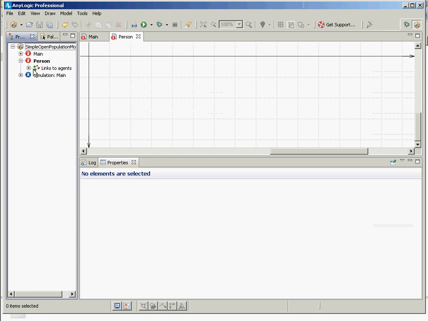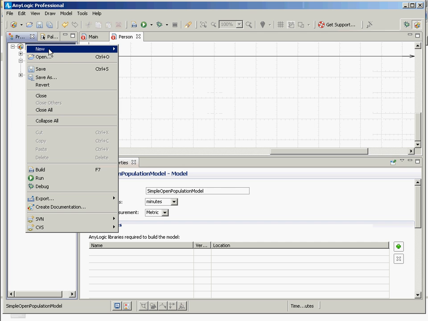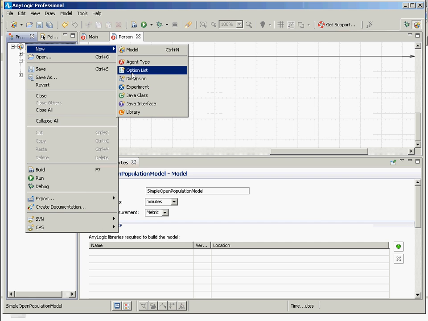So if we're going to add sex and we're going to add ethnicity, what do we add to the model as a whole that will make that really easy to identify sexes and ethnicities? We add a what? Yeah, an option list. Very good. I'm very impressed. So we right-click on the model, and we do new option list, okay?